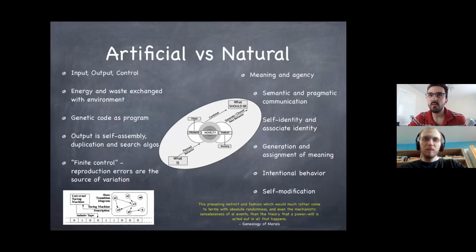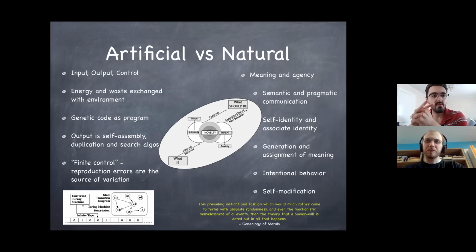For an artificial system, there's input, output, and the control. If you view an organism this way, it's just a simple exchange of energy and waste with the environment. The genetic code is nothing more than a program. And the output is sort of a self-assembly, duplication, and various search algorithms to complete things.